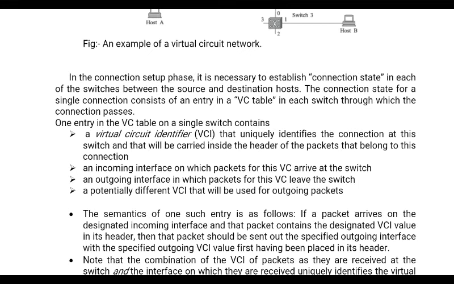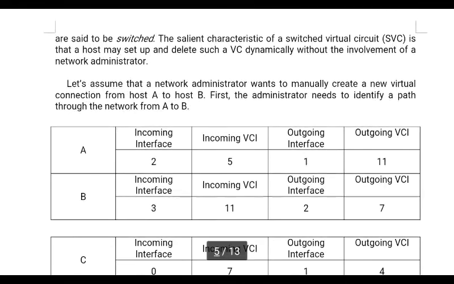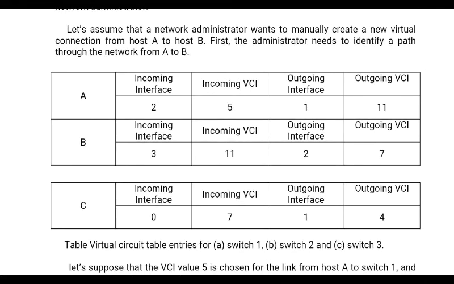So if you see the table, now you will get the idea about this. Is it clear? So these are the entries each switch is going to make for a specific connection. It has an incoming interface, that is, on which port it has received that packet, and the incoming VCI, the virtual circuit identifier present on the packet which it has received, which is used to identify that connection. Now, on which side this packet has to be forwarded, that is the outgoing interface, for example port number 1, where it is transmitted.